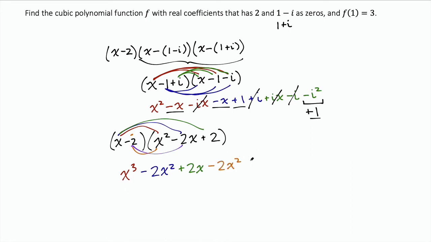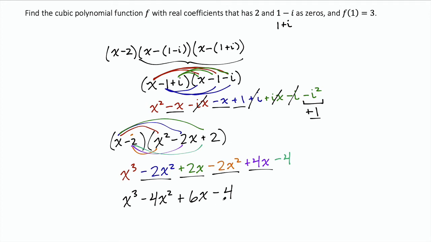Negative 2 times negative 2x is positive 4x. And negative 2 times positive 2 is negative 4. Now we can combine like terms. We have our x cubed, minus 2x squared minus another 2x squared is minus 4x squared, plus 2x plus 4x is plus 6x, and then minus 4.